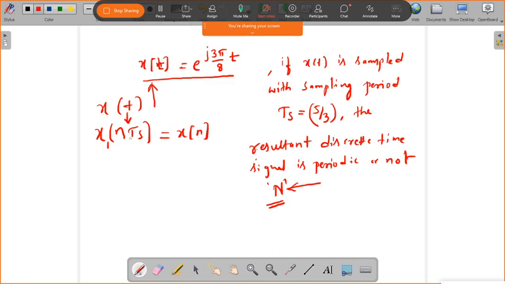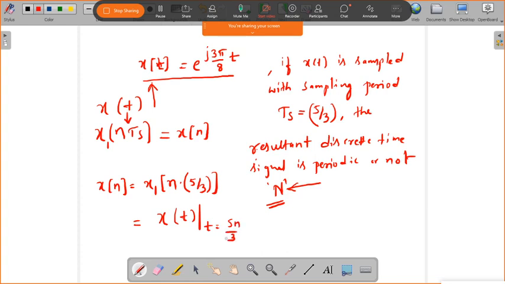So now if you replace the sampling period, you get x of n equal to x1 of n into 5 by 3. So t is replaced by 5n by 3. Now this will be your discrete time signal.